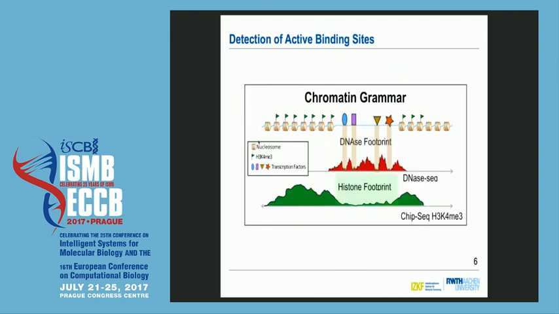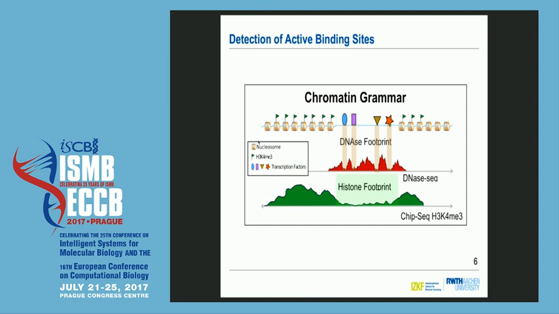What we have been working on, and this is the tool we are going to show today, tries to explore the idea that there is some sort of grammar, depicted here. First you have the grammar of the footprints inside the DNase, but a similar thing also happens in the histones.